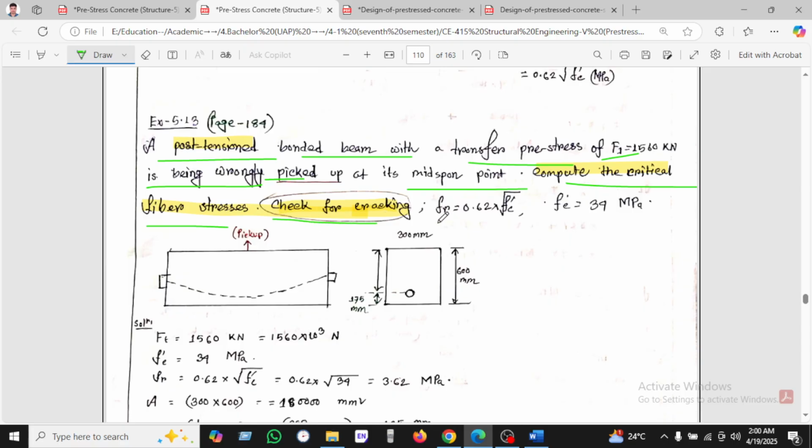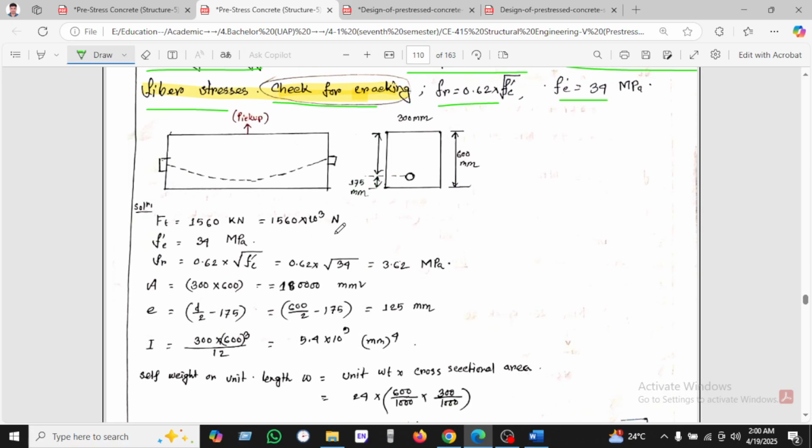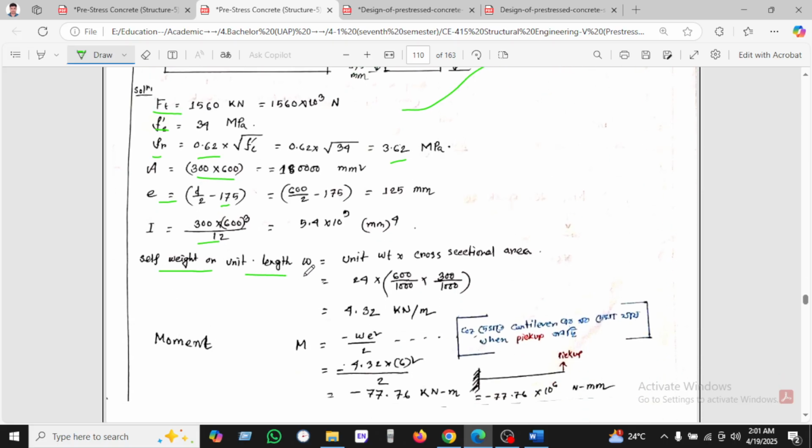Check the cracking: FCR is given, FC is given. So the pickup is upward, FTR is given, F prime C is given, the formula for FCR is given here, and we found 3.62, equal to the area given, and eccentricity d by 2 and 175. 175 is the location of the tendon, and W is the unit weight.